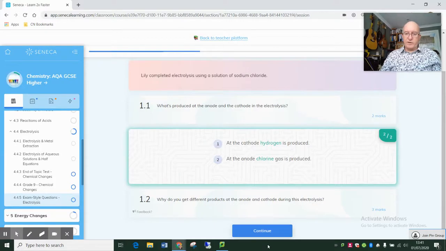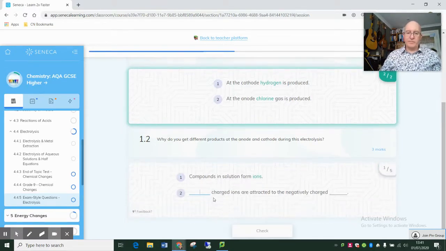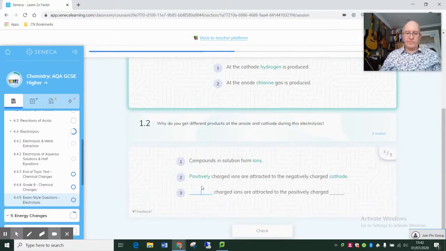Why do you get different products at the anode and cathode during this electrolysis? Compounds in solution form ions. Positively charged ions are attracted to the negatively charged cathode.